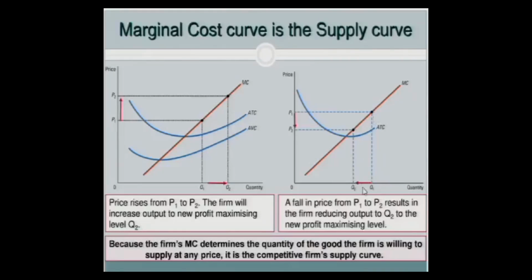Now notice the second case, where Q1 is determined by P1. The price is higher here, and this is the profit maximizing quantity because price P1 equals marginal cost. But in the market, something happened and demand declined. As a result, price declined to P2. At P2, notice that at this Q1, the cost for this firm is above the price.